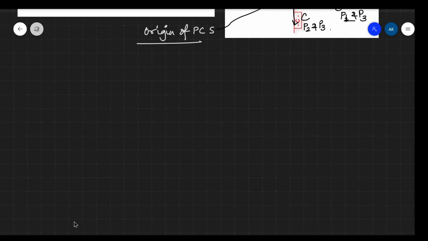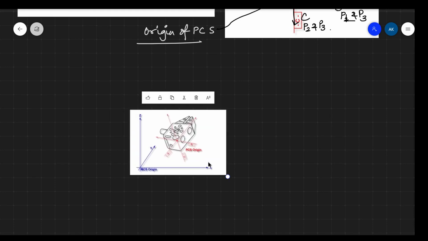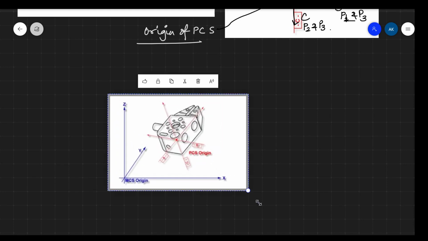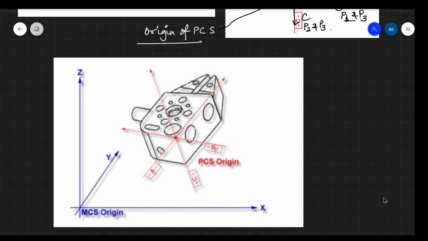Suppose I will just show you one more thing, how it becomes easy. Once you have your machine coordinate system and once you have your part coordinate system, it will become very easy. This is your origin. Let me write O dash. So this is the origin of the part coordinate system.